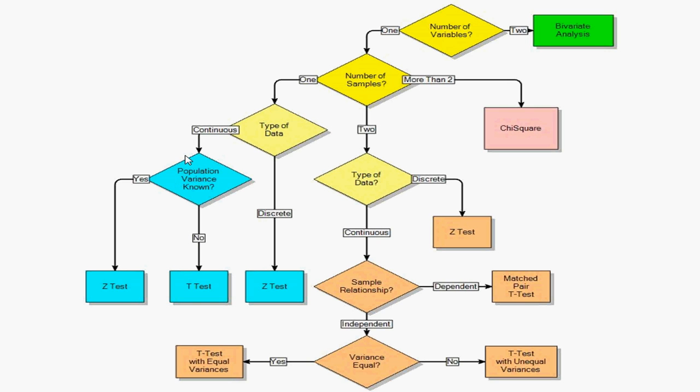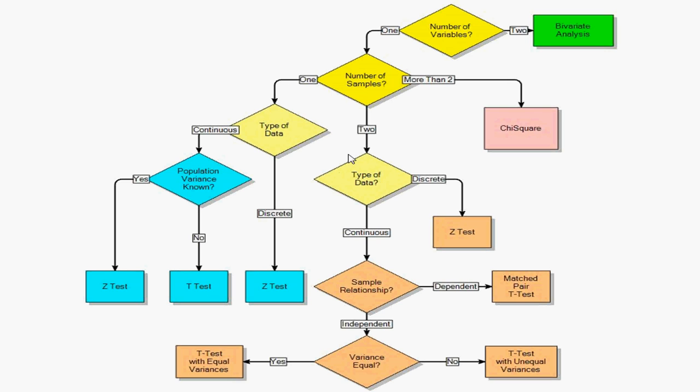Then we come down to one last check, and that is, do we know something about the population variance? If we do, then we'll run a z-test. Commonly, we don't know that in most circumstances. And so when we don't know the population variance, not the sample, but the population variance, then we're running a t-test.